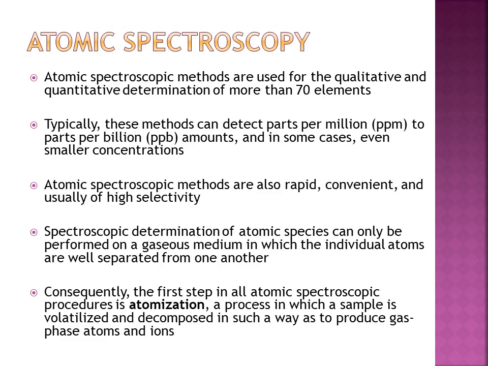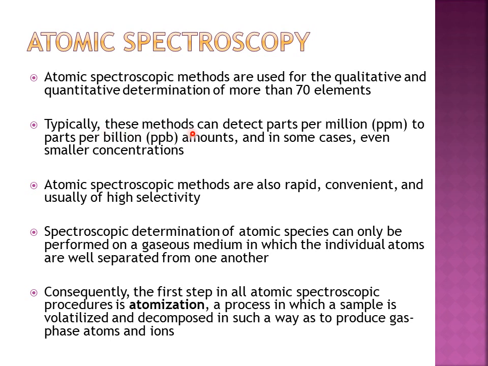So let's start with atomic spectroscopy. Atomic spectroscopic methods are used for qualitative and quantitative determination of more than 70 elements. So it means that more than 70 elements can be detected qualitatively or quantitatively simultaneously.